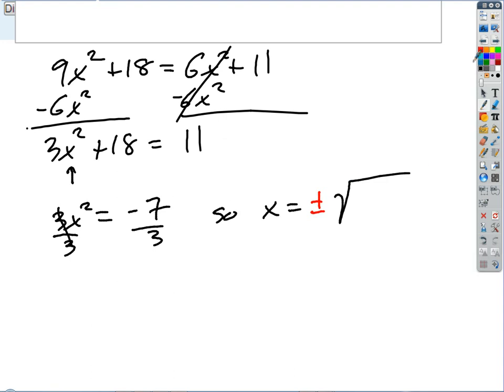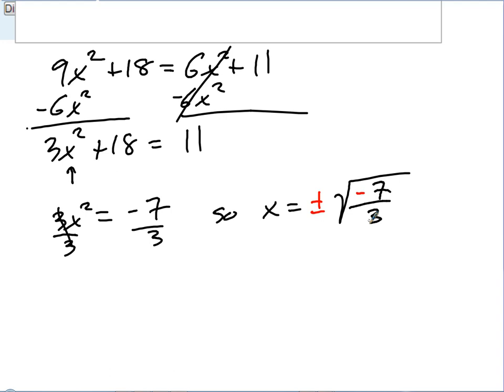The square root of negative 7 divided by 3. And when I see a negative sign inside a radical, what's that telling me? I'm going to break the negative out as an i, right?